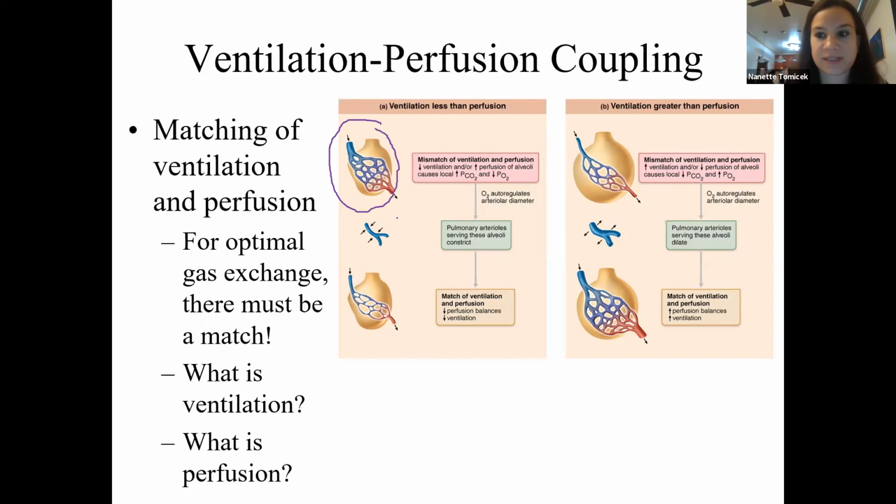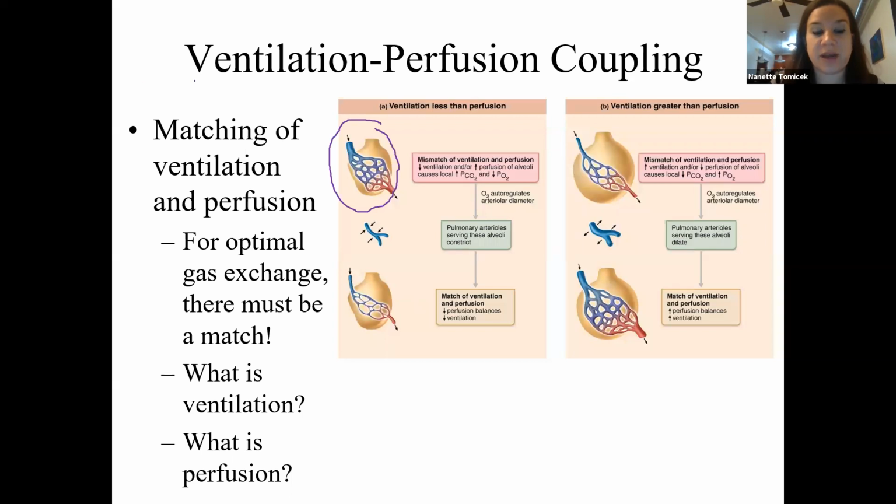Right, this is showing one single alveolus and the capillary bed there. And we can have kind of a mismatch. That would be a problem if we didn't have enough blood flow or enough of an airway open to properly do exchange.